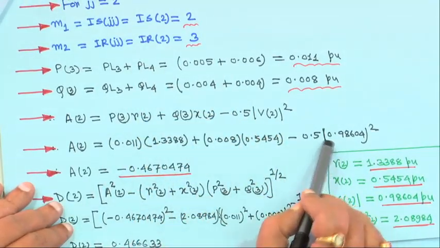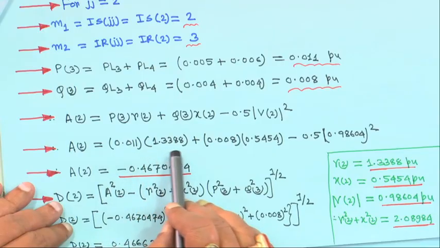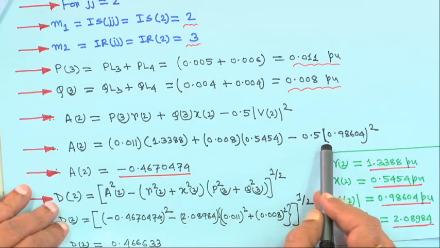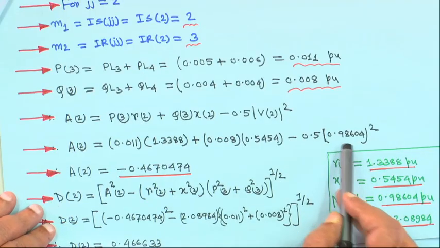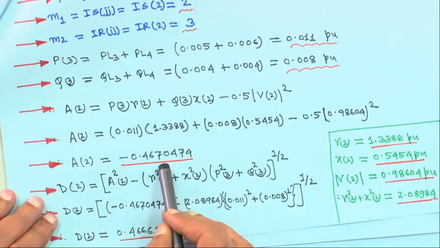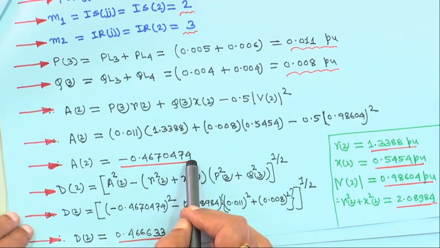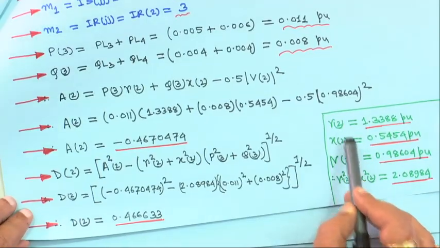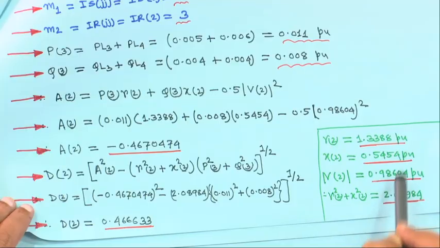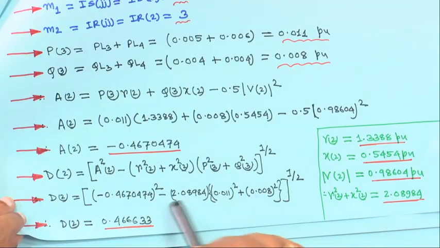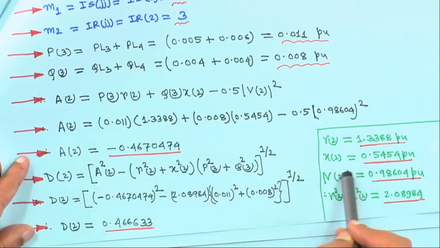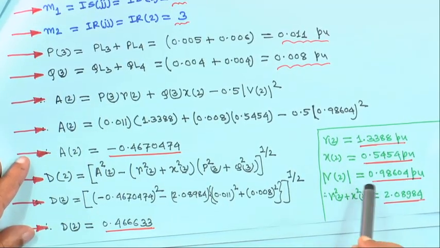So, A2 will be 0.011 into 1.3388 plus 0.008 into 0.5454 minus 0.5 times V2 squared, that is 0.98604 squared. So, A2 is becoming minus 0.4670474. This is A2. R2 squared plus X2 squared, everything is written here. I have recalculated and I am writing it here so that when you go through this slide, it is readily available in front of you.